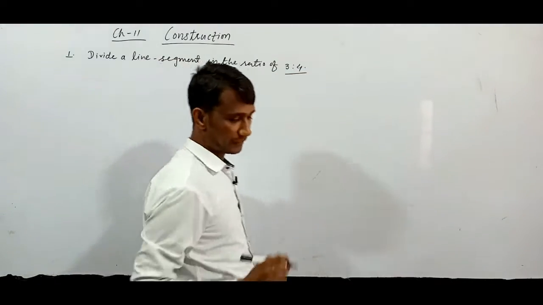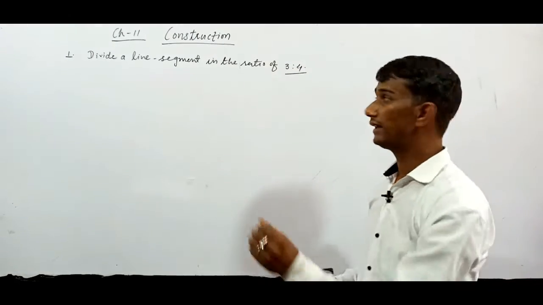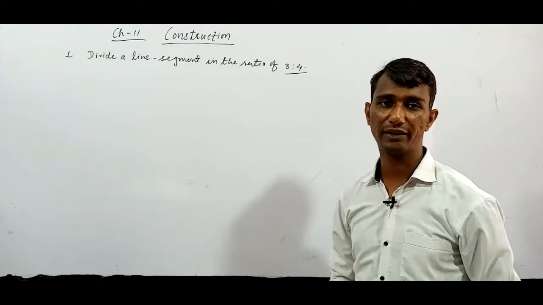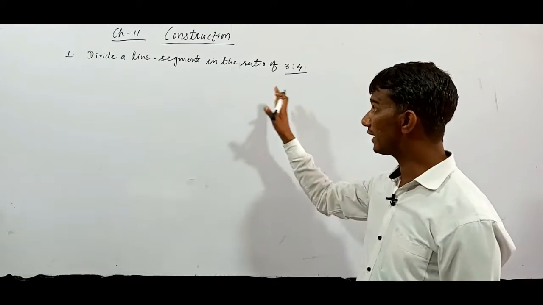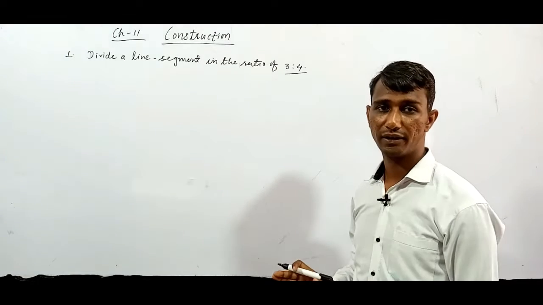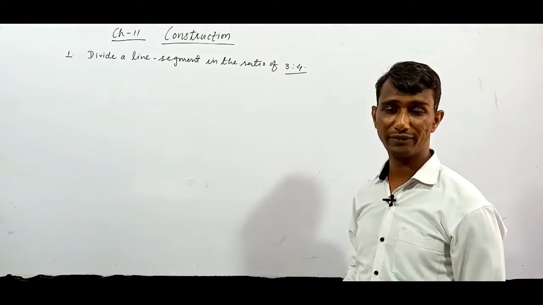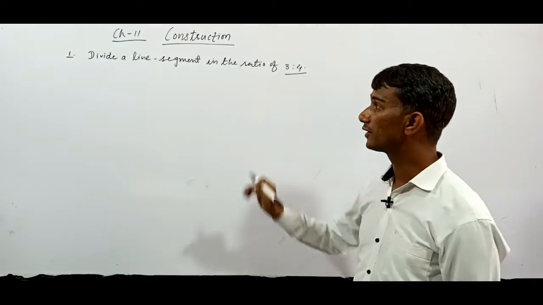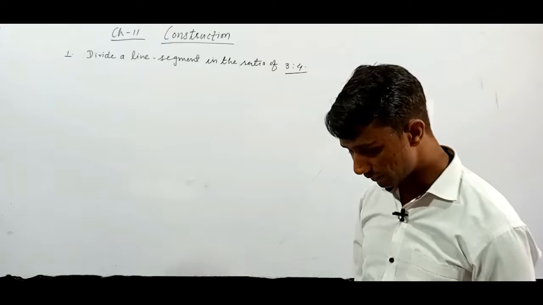In this construction, if we follow all the steps, then our construction and figure are completed. So first I am writing here all the steps, and along with the diagram, follow all the steps one by one to divide a line segment in the ratio of 3:4.